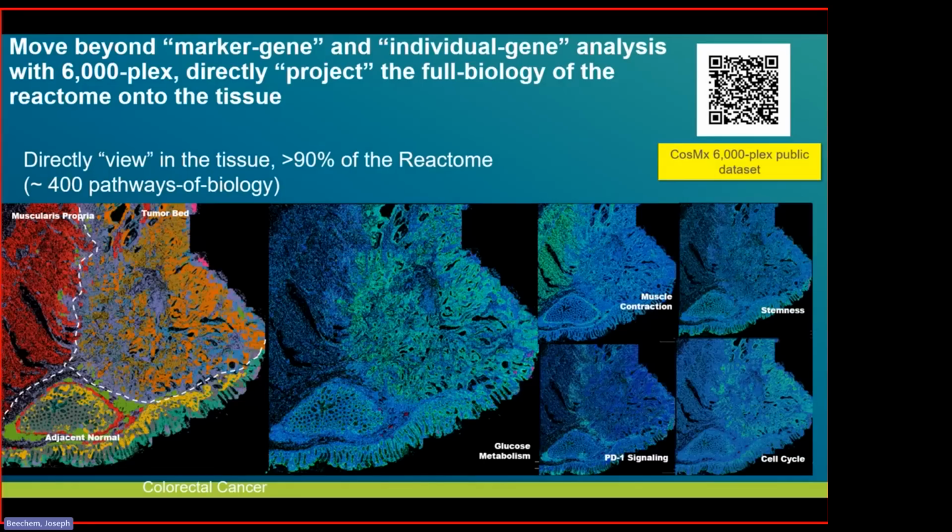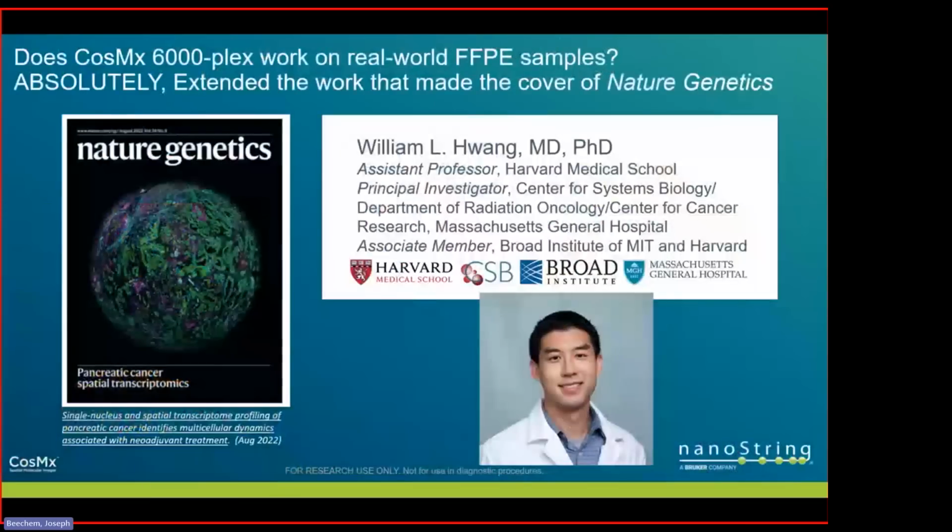Maybe I hadn't looked at enough pathology segments to know where muscle is versus where it wasn't. And you can see muscle contraction maps directly to the muscularis propria there. So I didn't need to know that. I didn't have to be a pathologist that can recognize muscle. The pathways themselves will tell you where things are at. So very unique. You just have to think a little bit differently.